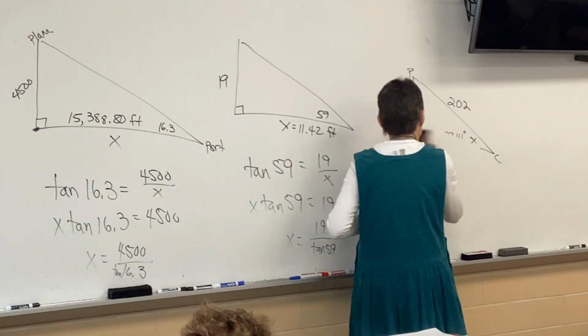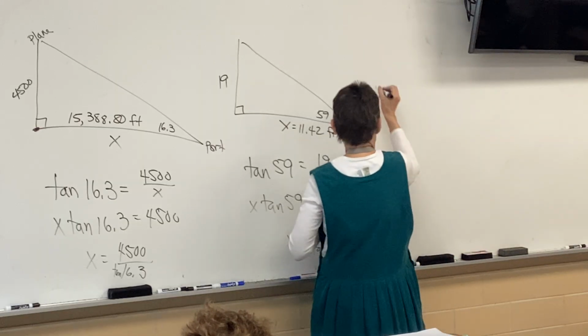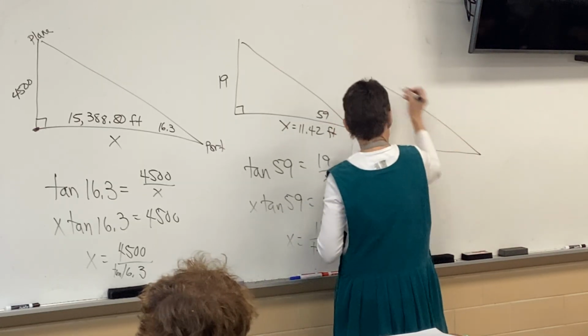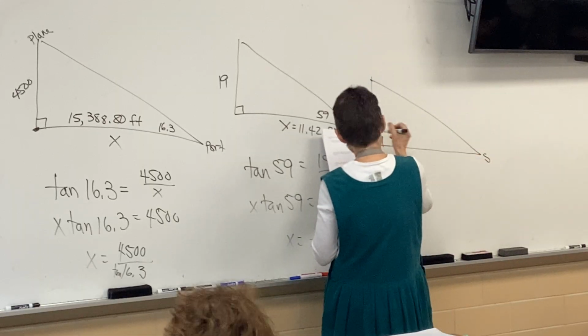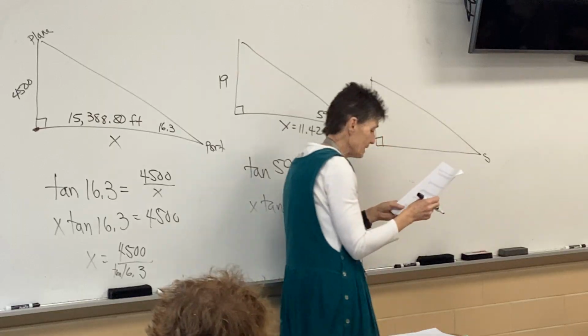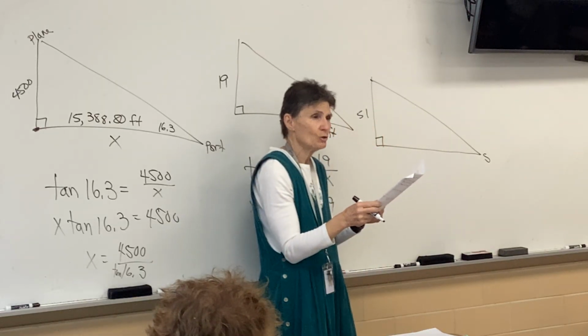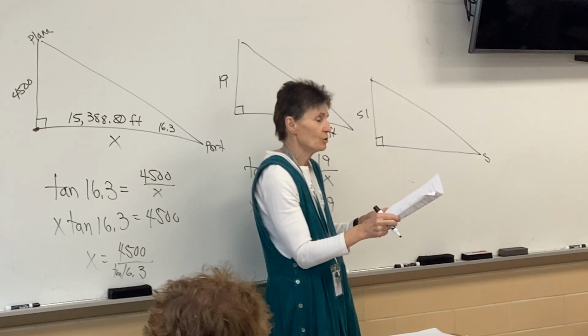Last one. We have a student looking at the top of a building that is 51 feet tall. And he is standing 200 feet from the building. Where do I put the 200?